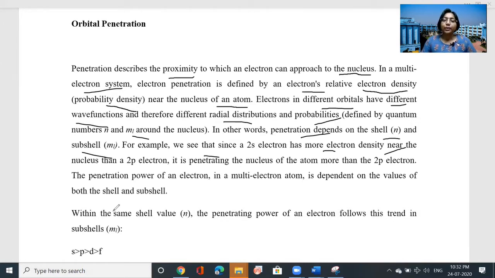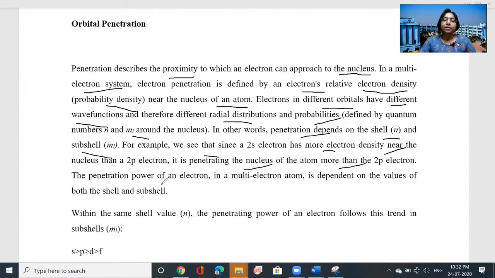In this case the density of the electron near the nucleus is higher, so we can call the penetration higher.